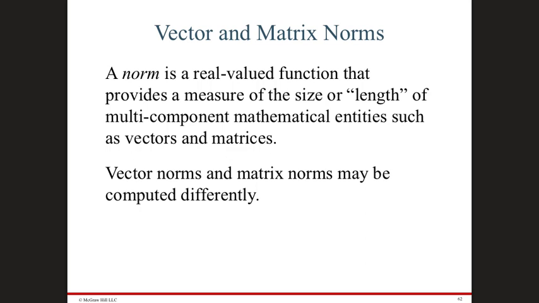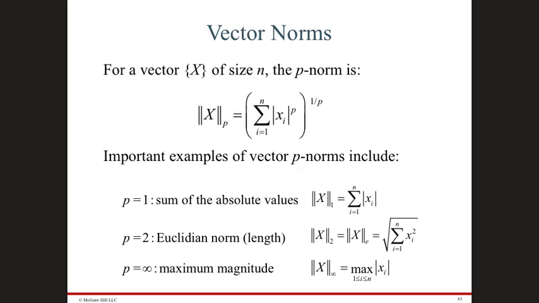Okay. Another thing that we do a lot in linear algebra is norms. The norm is a kind of measure of size, okay? For vectors, there are several norms that we can calculate, and some of them are defined here. The first is the first order norm, or the absolute sum norm.